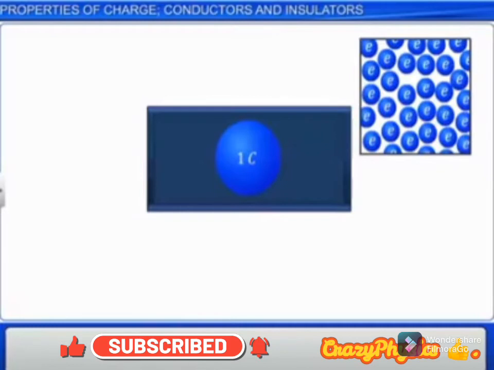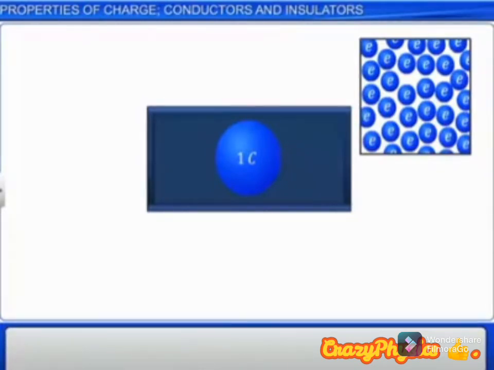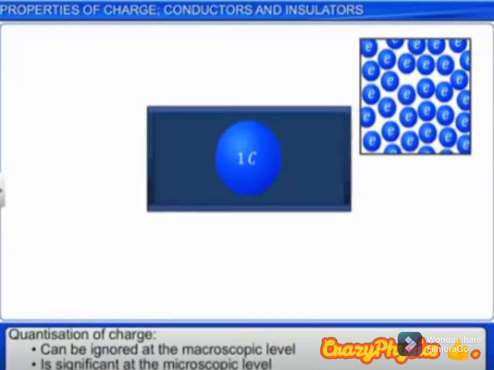When such a microscopic level of charge is involved, the concept of quantization of charge can be ignored, since it has no practical significance, where we say the charge is always added or removed in integral multiples of the basic unit of the charge. Quantization of charge is significant only in the microscopic sense, when the charge possessed is due to a few hundred times the basic unit of charge e, or even less than that.